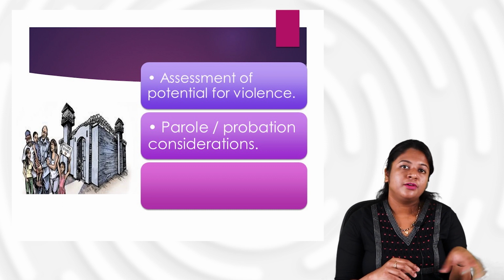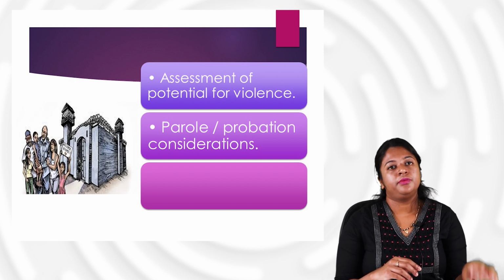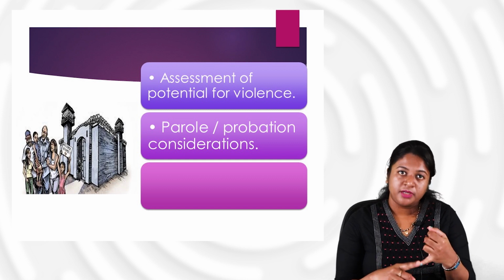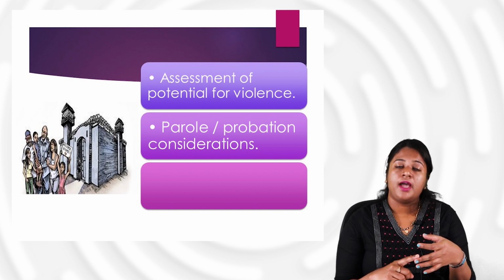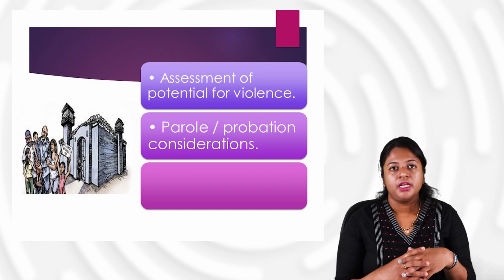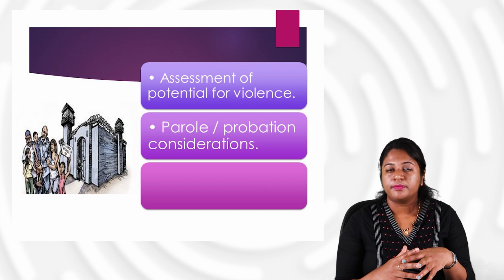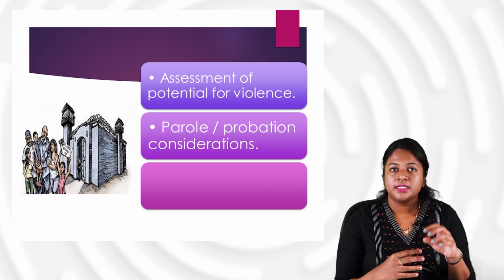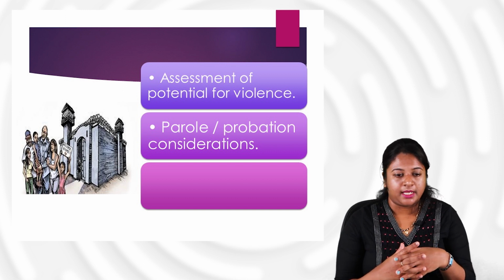During the period of 60 days, you have to take informed consent from the relative that they will be taking care of the patient about their treatment or any kind of behavior that they have to manage, and they are responsible for it, right? Any untoward behavior that happens, they have to immediately get the client back to the care center. That is a parole or probation consideration that can be given.